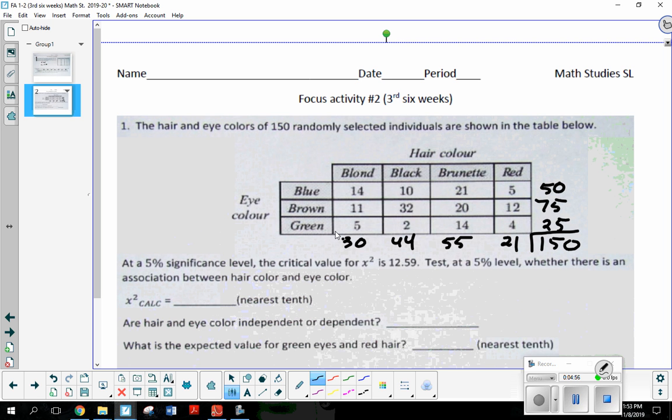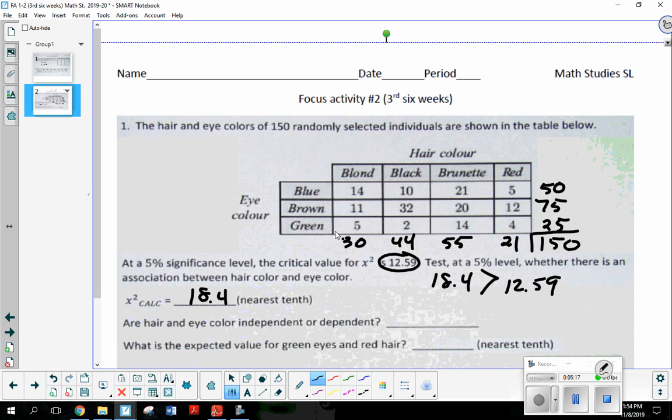Okay, let me go back very quickly and write it out. What was it, 18.4? Okay, so 18.4. Now, what we wanted to do was compare our chi-squared calculated value to the critical value. So we see that 18.4 is greater than the 12.59 critical that we have. So what is this telling me?